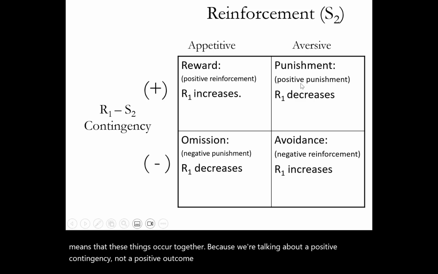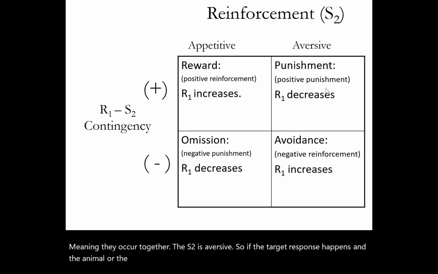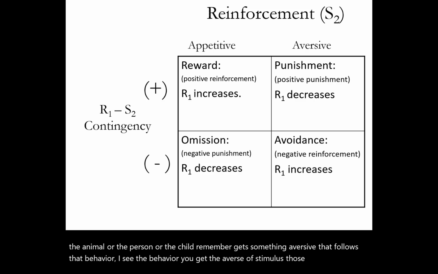So punishment has a positive R1, S2 contingency, meaning they occur together. The S2 is aversive, so if the target response happens and the animal or the person or the child or whatever gets something aversive that follows that behavior, I see the behavior, you get the aversive stimulus, those things happen together.